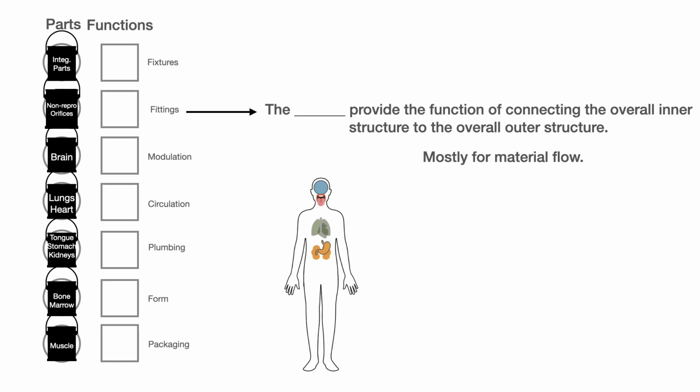And then lastly, this one's pretty cool. So for inner structure parts, the non-reproductive orifices provide the function of connecting the overall inner structure to the overall outer structure, really mostly as it regards material flow.